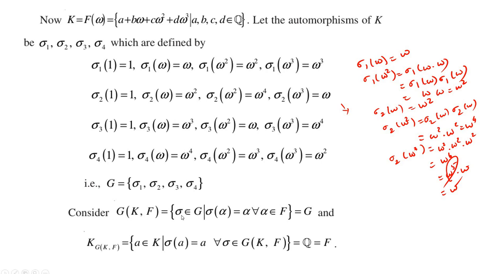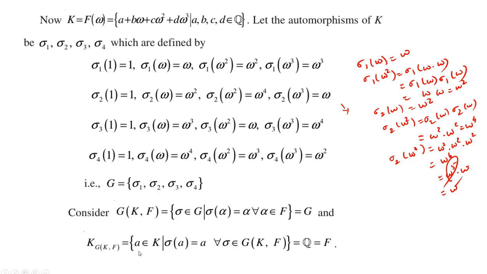Now we want to know what is G(K/F). G(K/F) is all those automorphisms which leave the base field elements fixed. It only changes omega, it doesn't change the elements of Q. So all the automorphisms leave the base field elements fixed, which means G(K/F) is G itself.